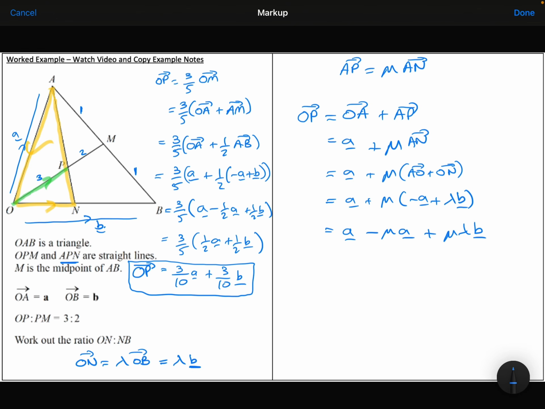And whilst I'm at it, let me group up those A terms, so factorise that A outside at the front there.